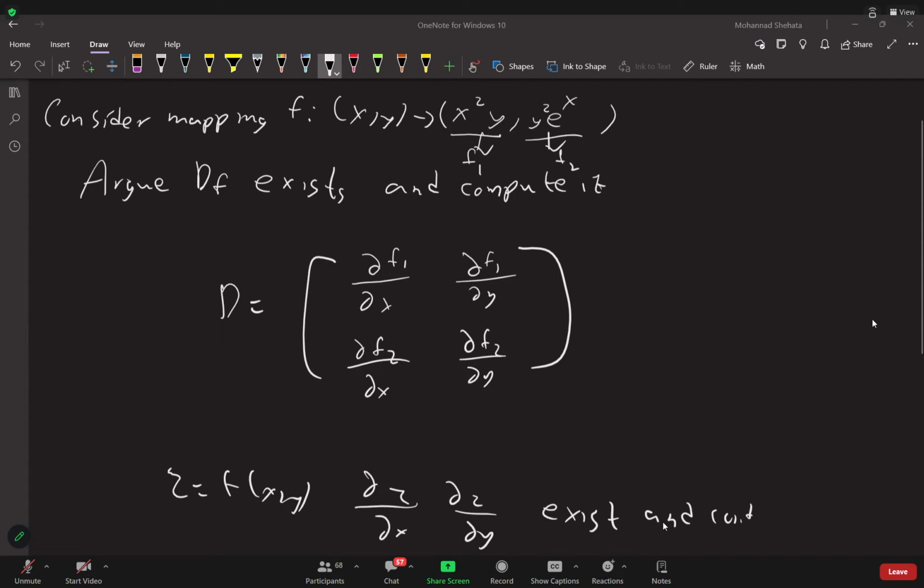So the partials would be sums or products of exponential functions and polynomials, right? So in this case, the partials are defined on R squared. If they're defined on R squared, they exist everywhere. And now you just have to argue, since they exist everywhere, they exist in some neighborhood of your desired point.